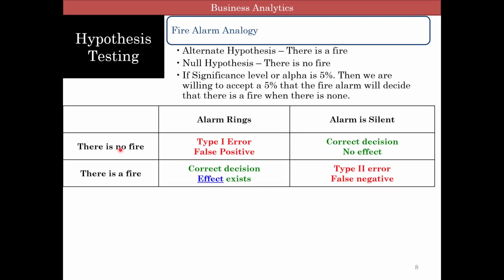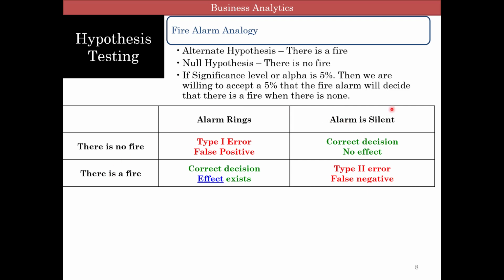So here are two situations: there is no fire, there is a fire. And then based on the test, the alarm rings or the alarm is silent. If the alarm rings when there is no fire, that's a type 1 error, or false positive. When there is no fire and the alarm is silent, that's the correct decision.